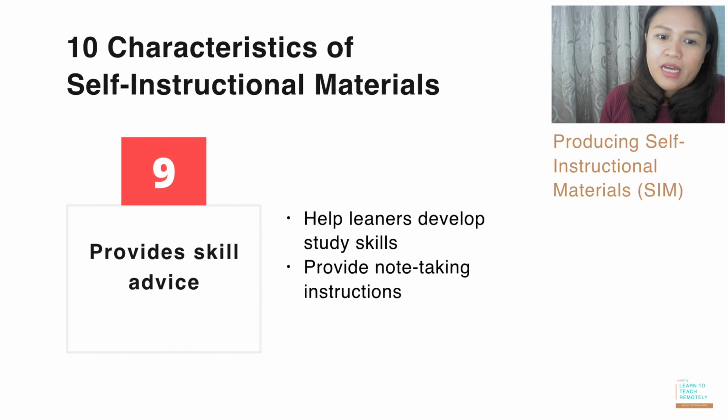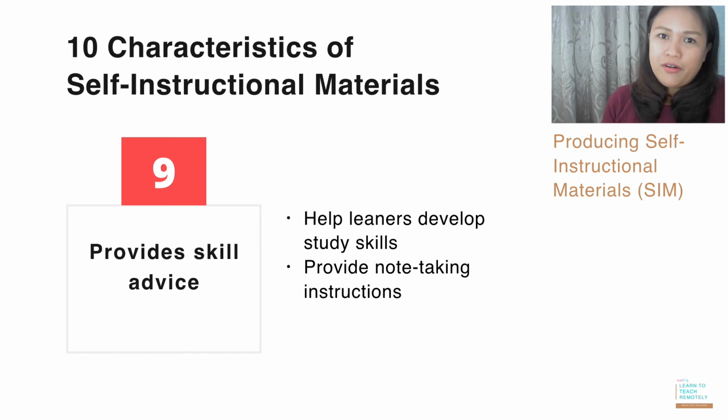Number nine is provide skill advice. Help them learn how to study. Learning to study online is very different from a traditional setting. So you guide them through the process, not only of the lesson, but of the online learning environment as well. Eventually they'll pick it up and they'll be good at it.